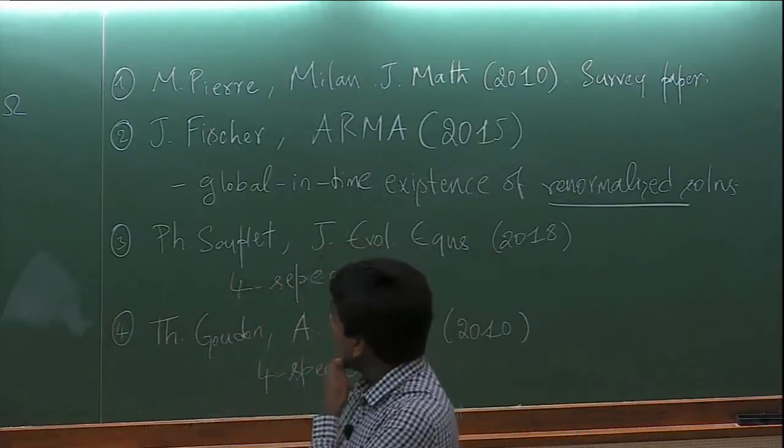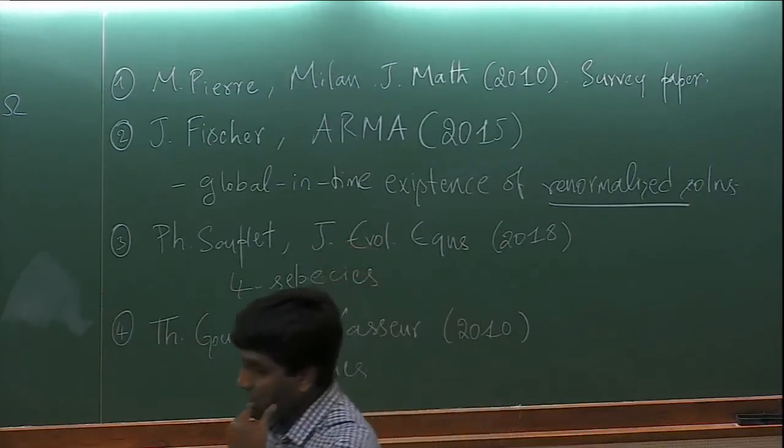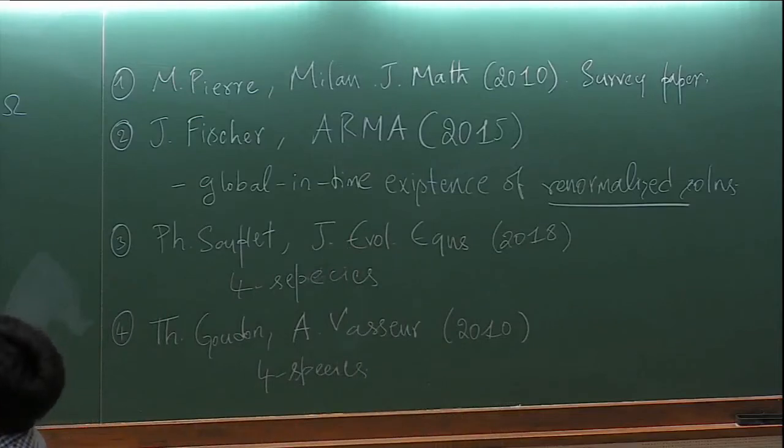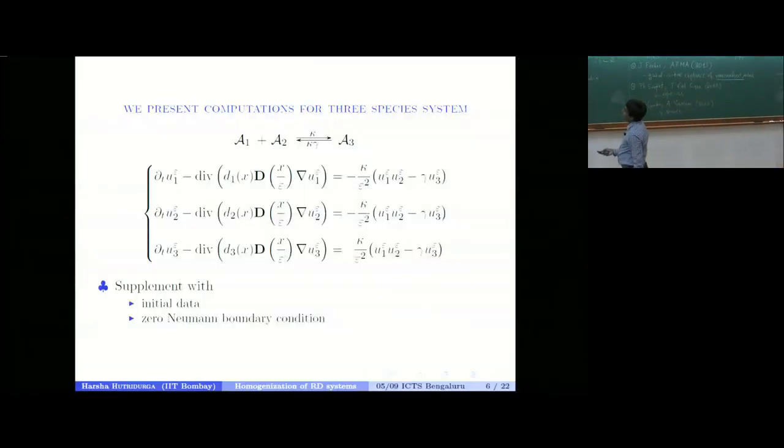These are some of the existence works on these models. So you can think, fix an epsilon and study the existence results. In this talk, I'll just talk about this 3-species model, with this quadratic nonlinearity, and we want to pass to the limit when epsilon goes to 0 here.